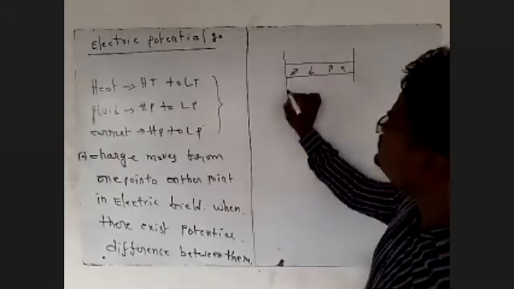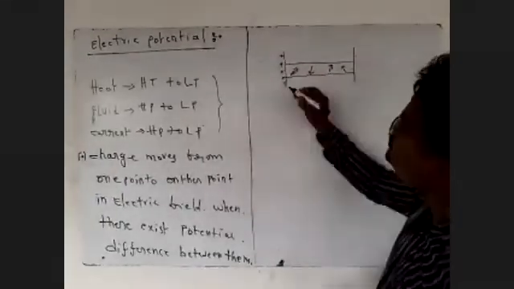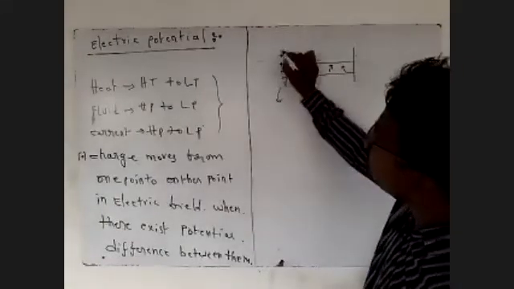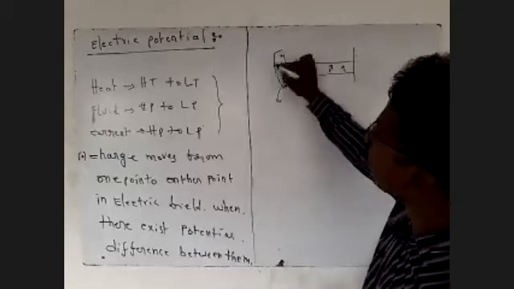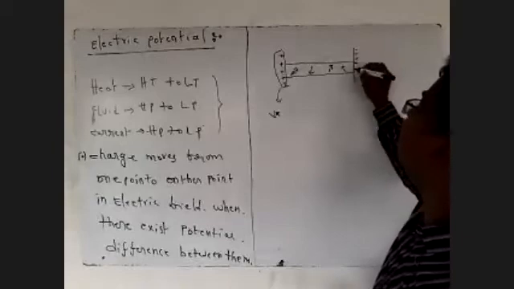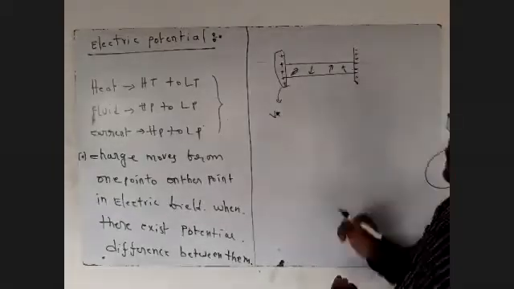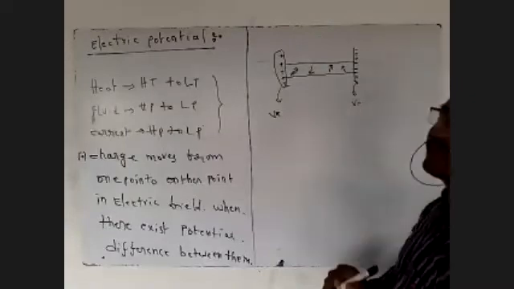Suppose this is a plate having positive charge. This positive charge gives positive potential. This other plate has negative charge, which gives negative potential.